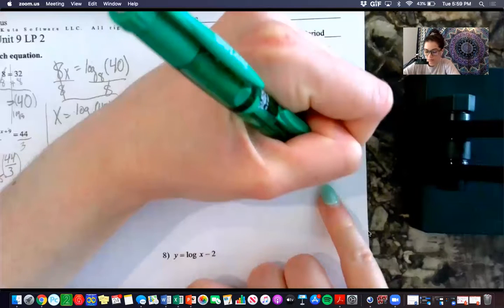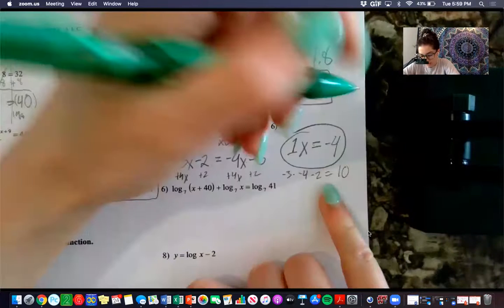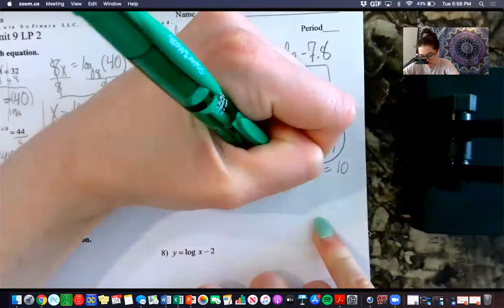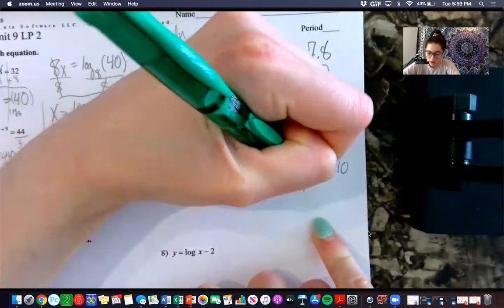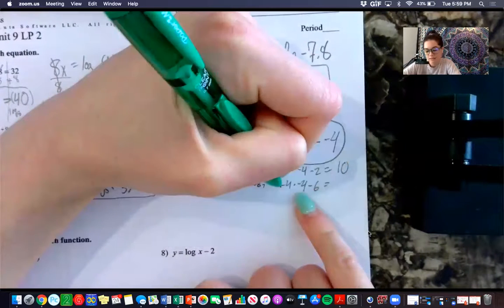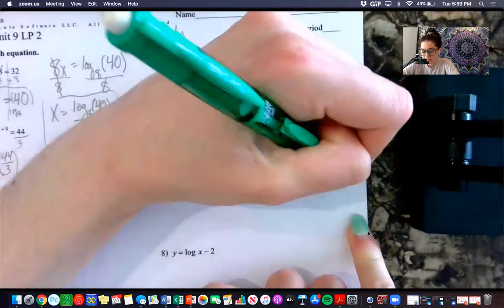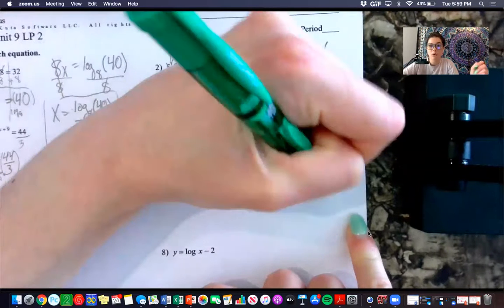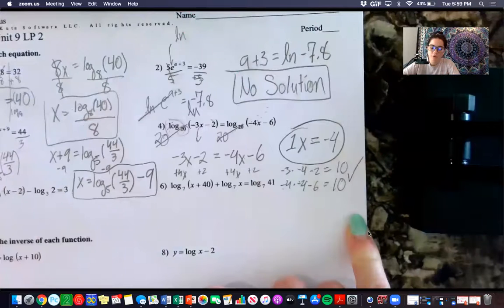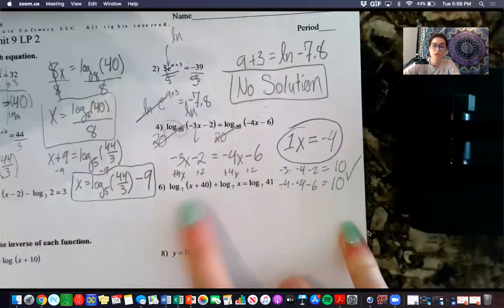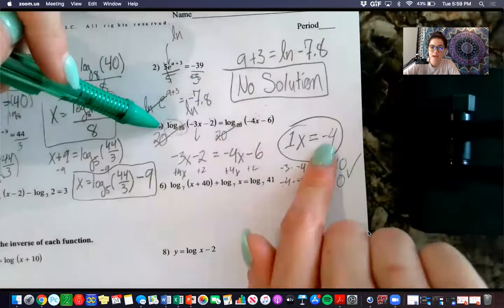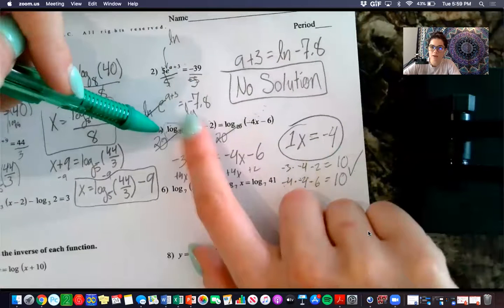Check. The next one, negative 4 times negative 4 minus 6. 4 times 4 is 16. Negative times a negative is a positive. So that's positive 16 minus 6 gives me positive 10. We're good to go. If your problem starts off with a log, make sure that whatever you get for x does not make whatever goes inside of the log a negative value.